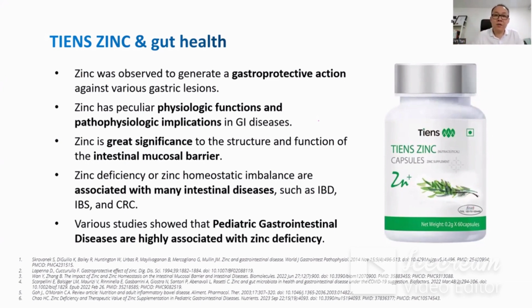Zinc is already proven to have function from these two different aspects in our gastrointestinal diseases, and zinc is of great significance to the structure and functions of the intestinal mucosal barrier. So if you would like to cure your leaky gut, or have tighter junctions, a better, stronger intestinal wall, you should take zinc.